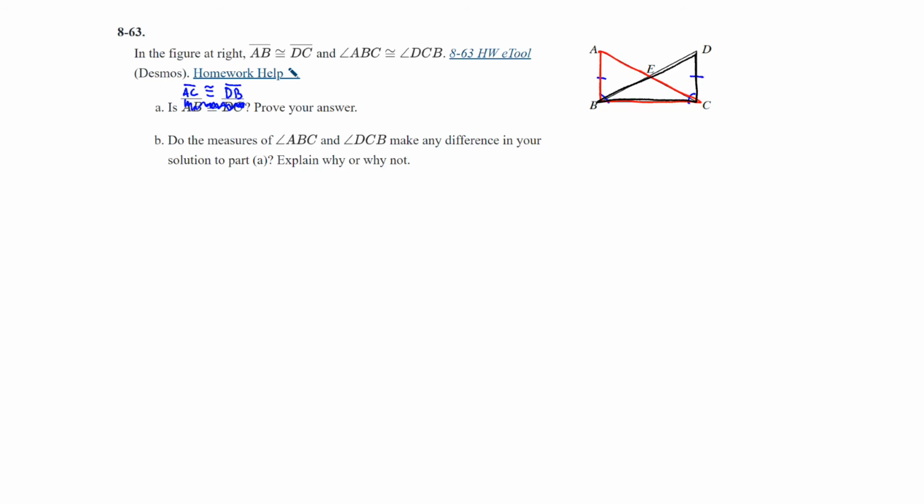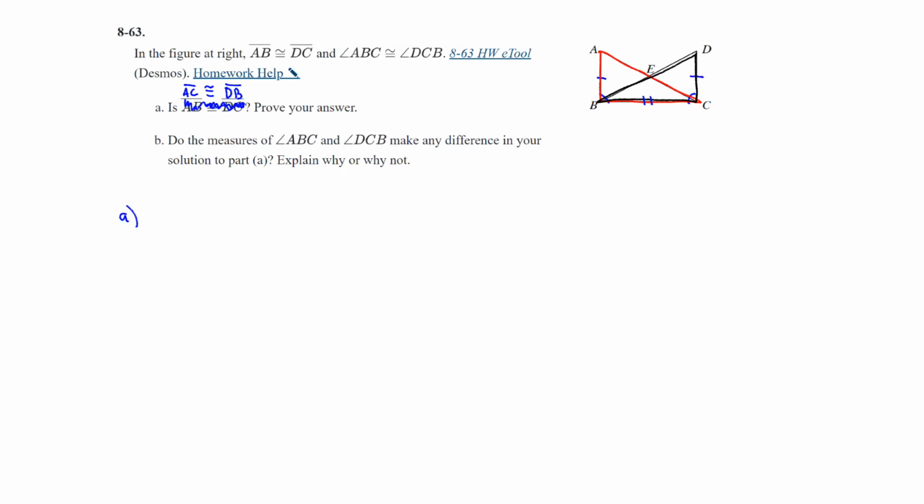ABC is congruent to DCB, that angle. And then what we also need to look at is the side length on the bottom here. This side length is congruent to itself by the reflexive property. And so then we know the triangles are congruent, and then we can say that their corresponding parts are because the triangles are. So let's work our way through that proof.